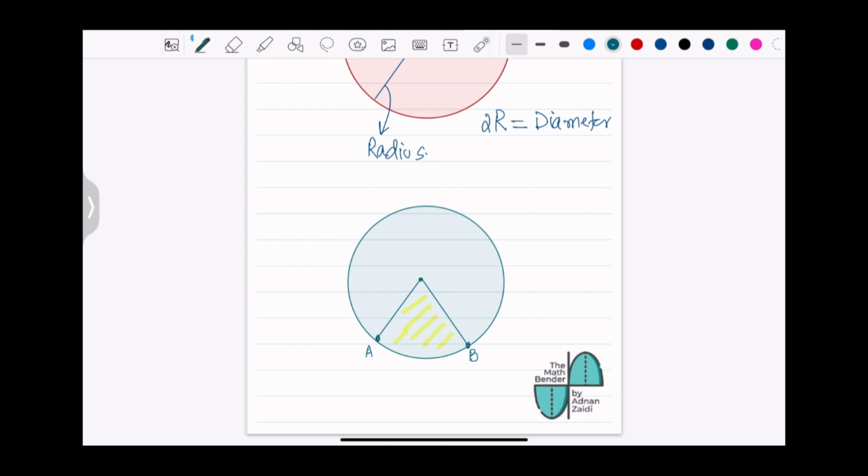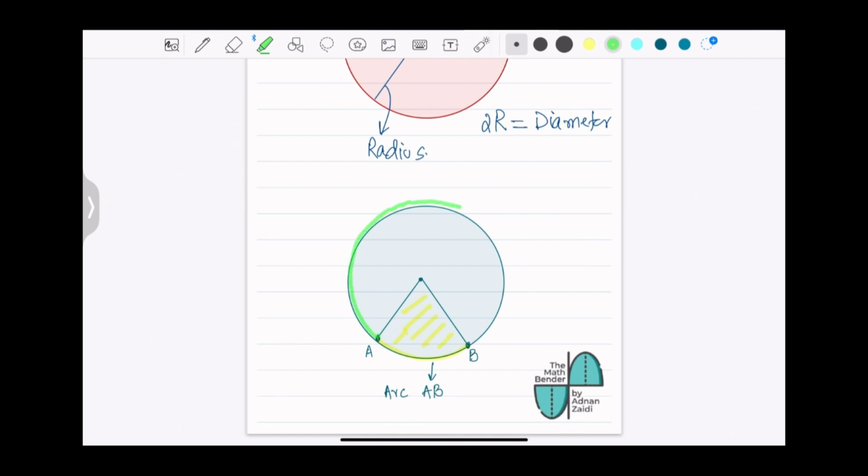Now the arc AB, I'll highlight that, the yellow one, I can write this as arc AB. But the question is, what do we call this other arc?